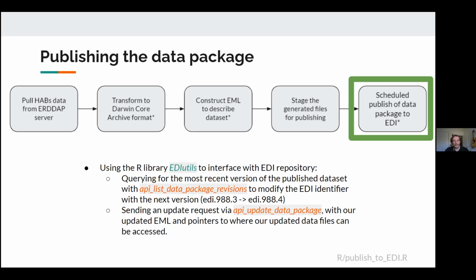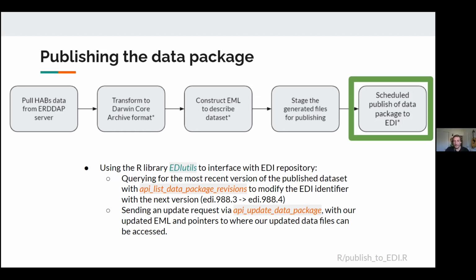And the EDIutils API made it really easy to interact with. There are two points where we're communicating with it. The first is to query for the current version of the data package that is currently published on EDI. Right now, I think that is edi.988.3.